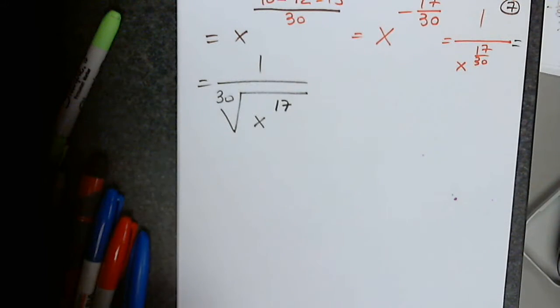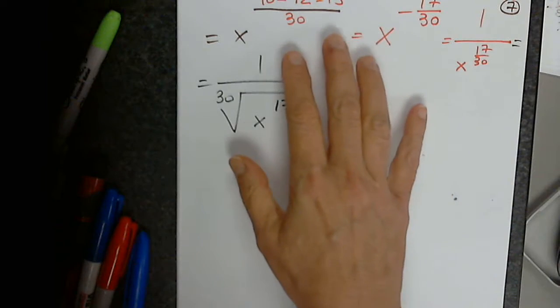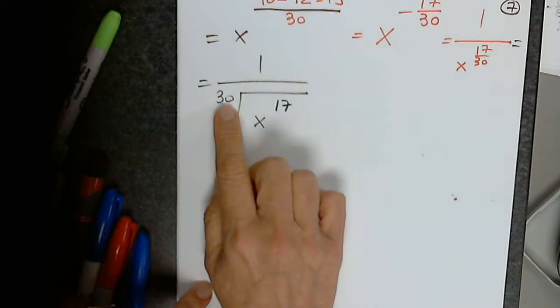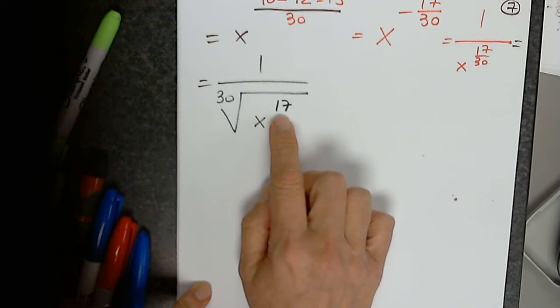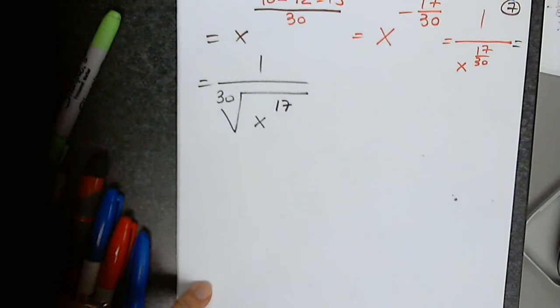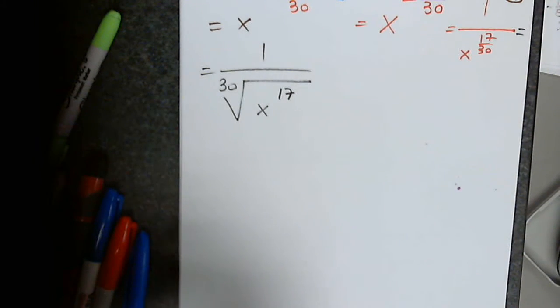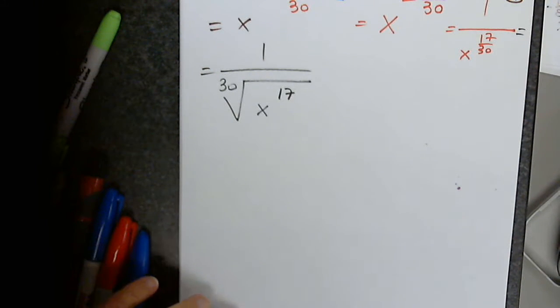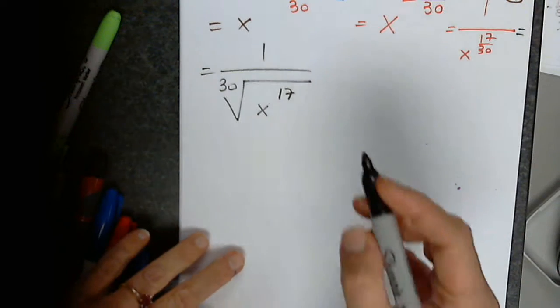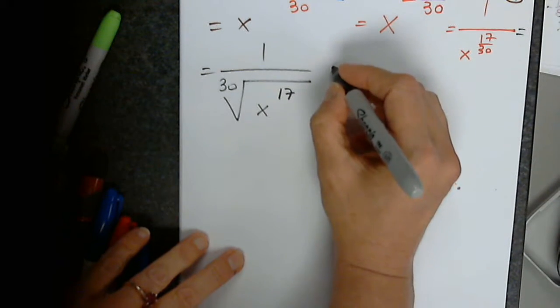So you said 30 again? The 30th root? Yes, the 30th root of x to the 17th power. Any questions? That's the answer. You're way ahead of me always. Thank you, Jackie.